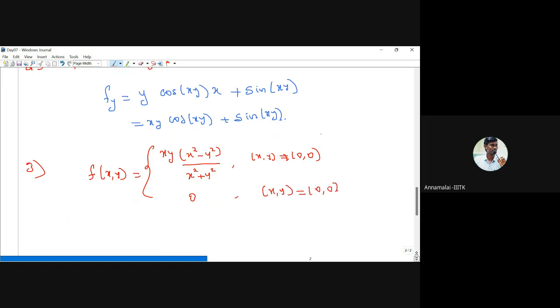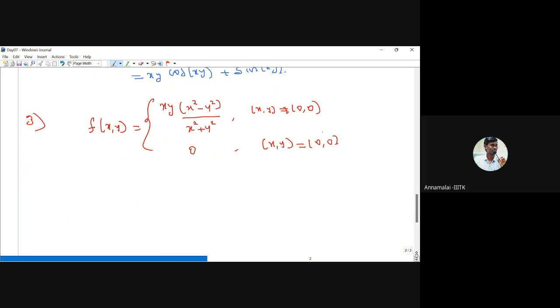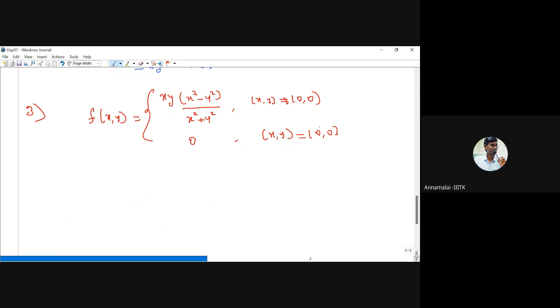Now find the derivative of f at any point. So anyway, first you have to check the derivative at the point 0 comma 0. Okay. So what is fx?